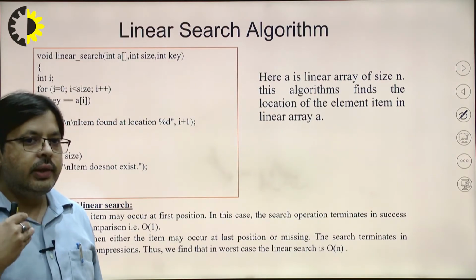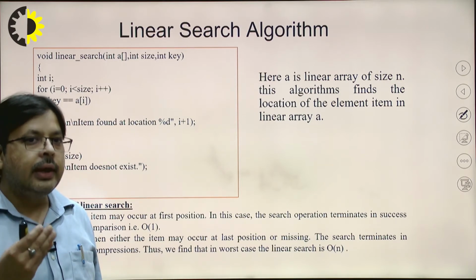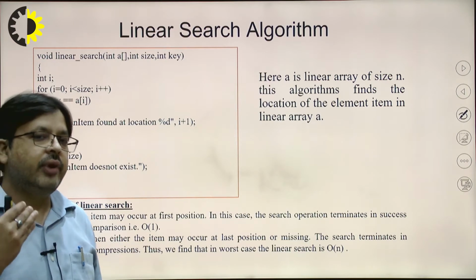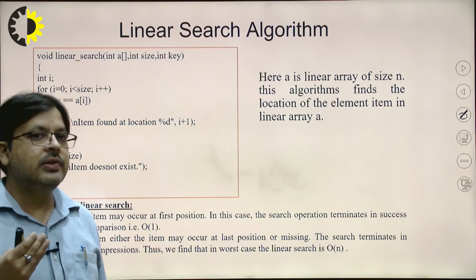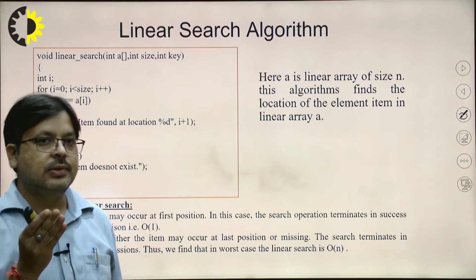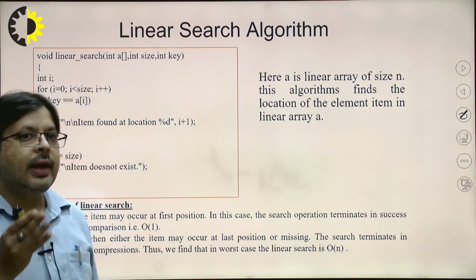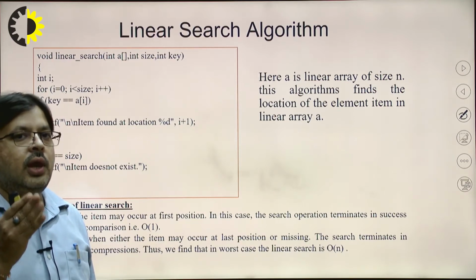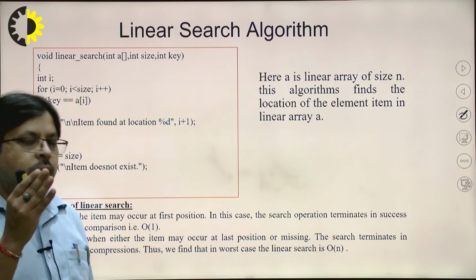Now let's talk about the technical terminology, or technically how we define the procedure in the C language. We assume that we have an already existing list named array A with some elements.